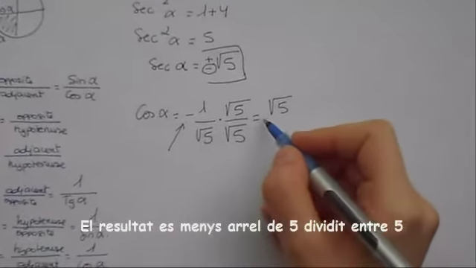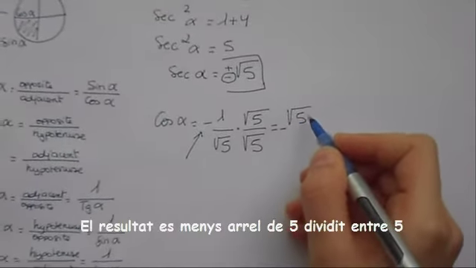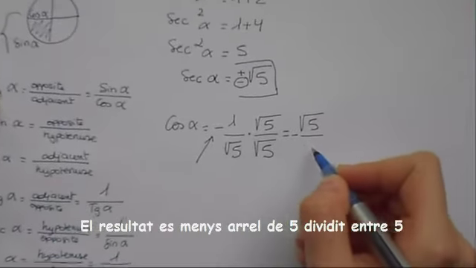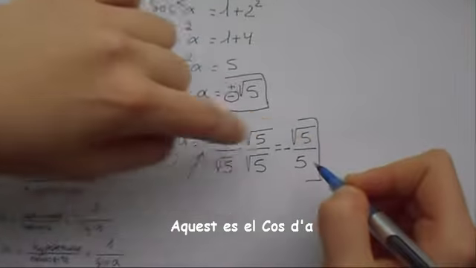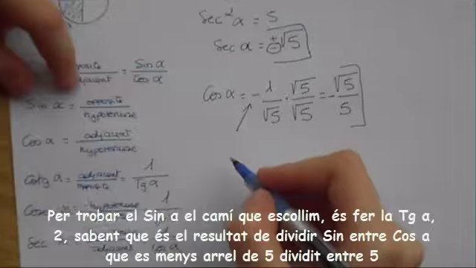The result is minus root of 5 divided by 5. This is the cosine alpha.